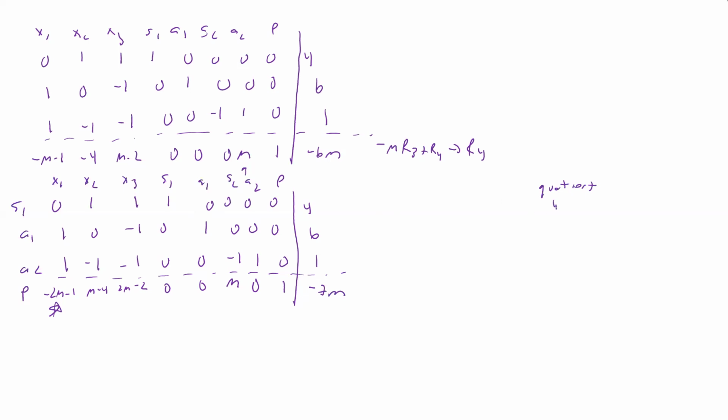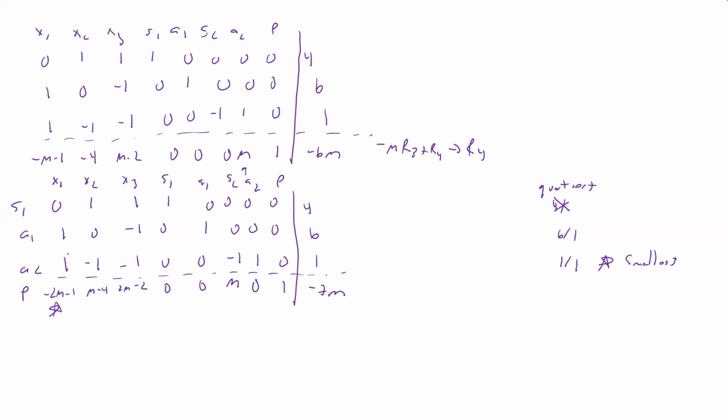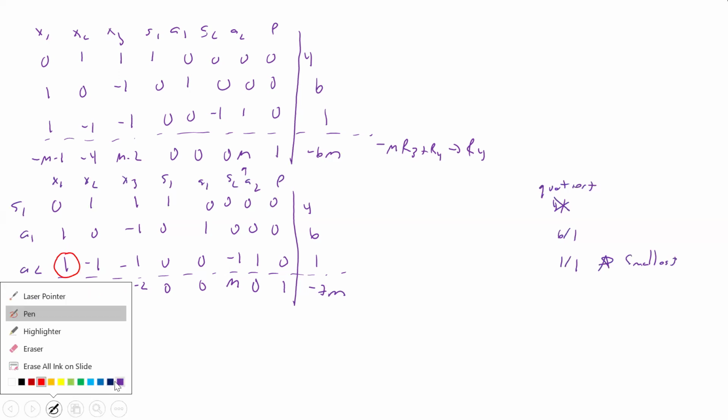Well, it's going to be 4 divided by the first one. Well, 0. So that one doesn't work. So we're not even going to do that one. Then we'll have 6 divided by 1 and 1 divided by 1. So this one looks to be the smallest. And so our pivot column is going to be right here. All right, not a problem.